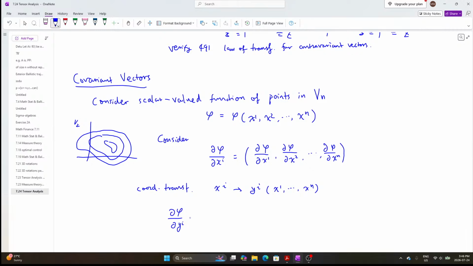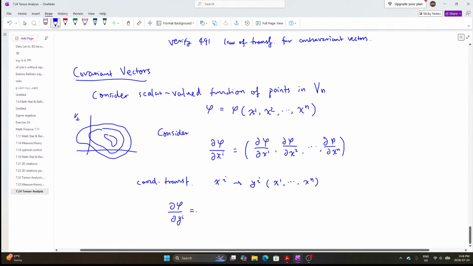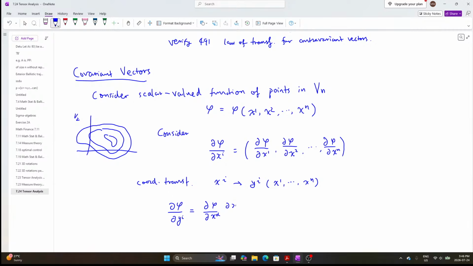Well, dφ/dy^i, using the chain rule, is just dφ/dx^α times dx^α/dy^i. All right? It's just the chain rule. And guess what? That's another coordinate transformation law.